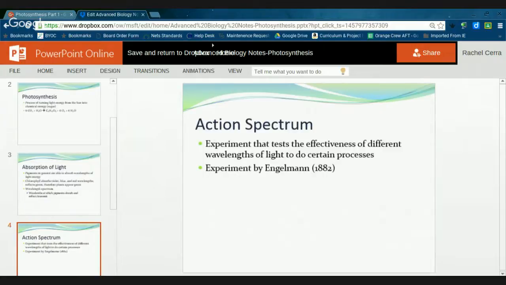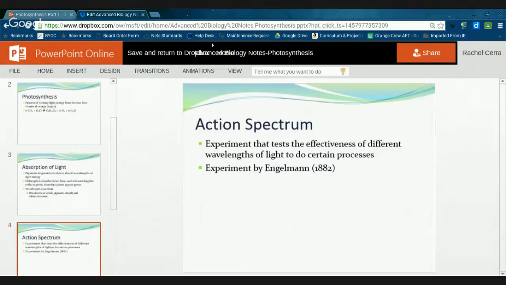So Engelmann did an experiment back in 1882, 1883, depending on the source, where he used some green algae and put them on a slide, and he shone a light onto that slide.